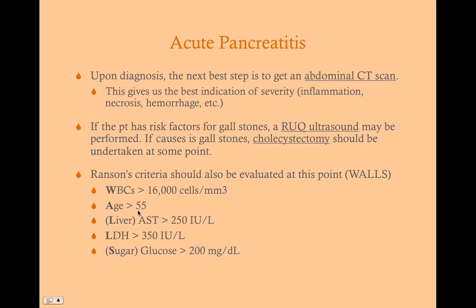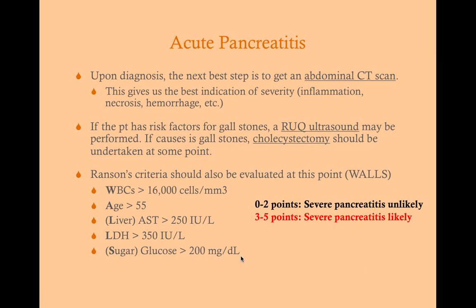If the age is greater than 55, that would be a point. If the AST, which is a liver enzyme, is greater than 250, that would be another point. If the LDH is greater than 350, that would be another point. And if the glucose is greater than 200, that would be another point.